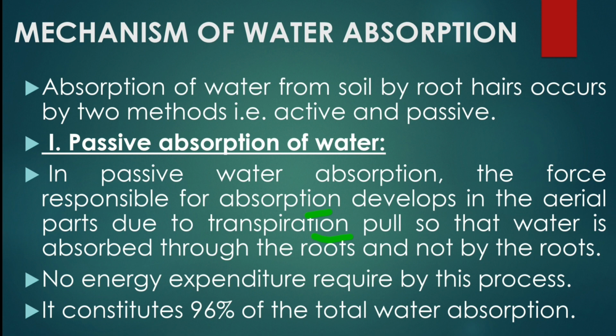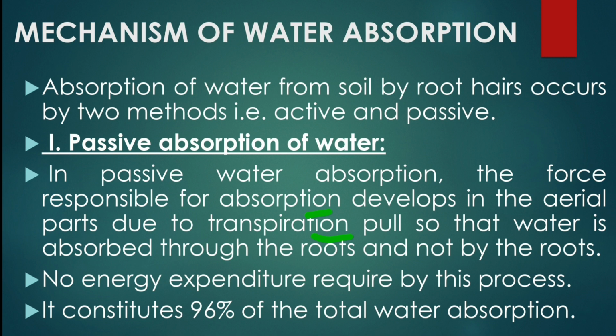When water moves out as water vapor, the water availability in the leaf decreases. So it creates a tension and pulls the water from the root through root hair. There is no energy expenditure required in passive absorption of water, and it constitutes 96% of total water absorption. Here the pull occurs due to transpiration.